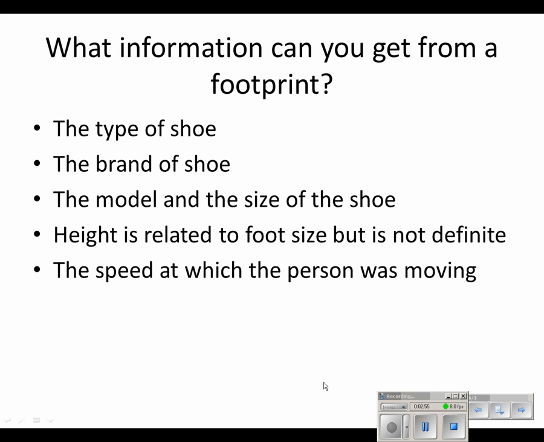So sometimes that doesn't work. And we can also figure out the speed at which the person was moving, because somebody that's running versus walking is going to have a different footprint impression, as well as if we look at the stride marks. So somebody that is walking, their footprints are going to be spaced a little closer together than if they were running. Their stride's going to be a little longer, and they're going to be further apart.